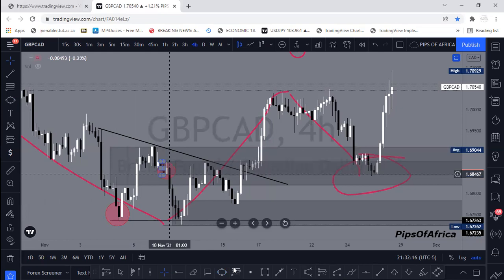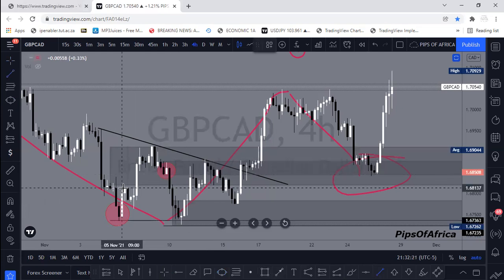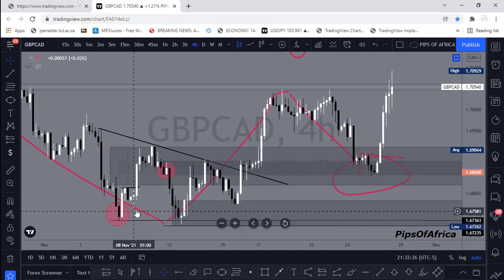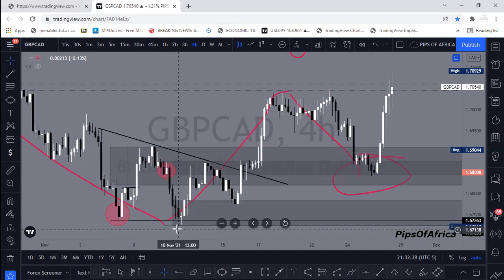You've already gotten the break of market structure here, a minor break of market structure. But still the market is coming back down below this low. You think you're already buying the market here, but the market is coming back down.